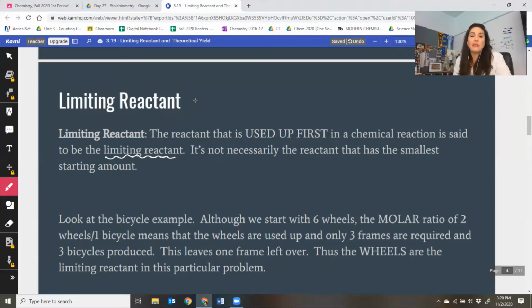So although we started with the 6 wheels, the ratio of 2 wheels to 1 bicycle meant that the wheels are used up faster and only 3 frames are required, and 3 bicycles were able to be produced. So 1 frame ends up being left over and unused. Because the wheels were used up first, we call this the limiting reactant in this particular product.